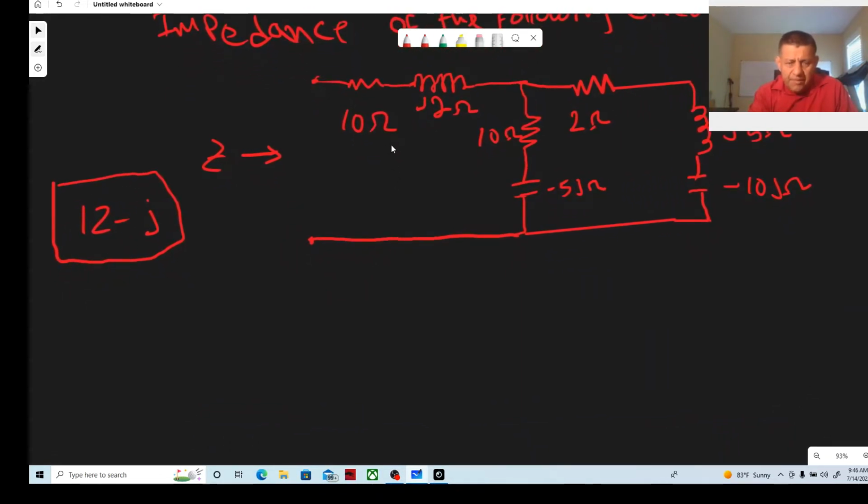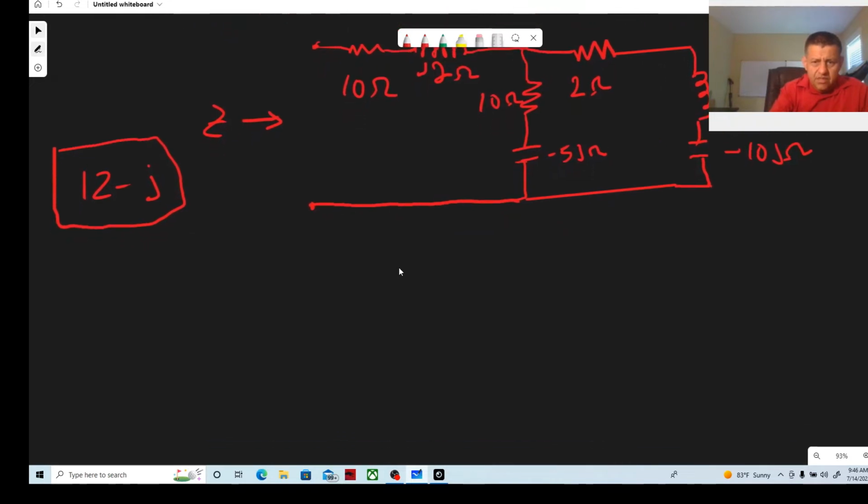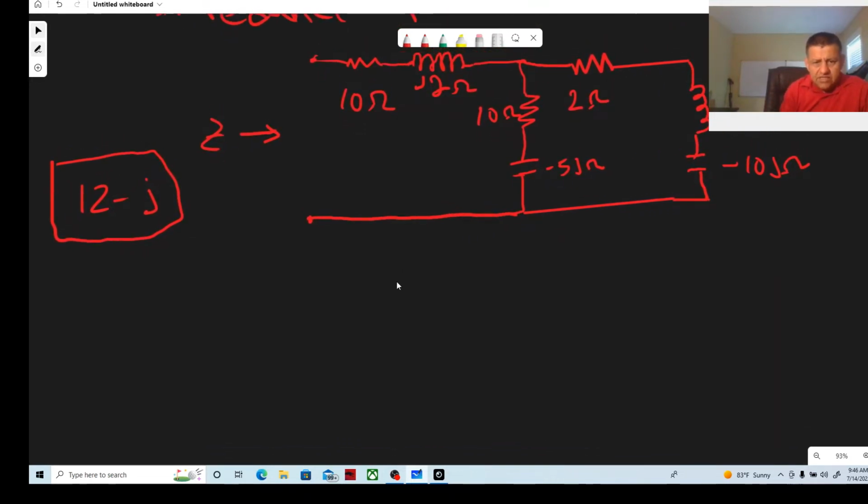Okay, so let's get started. Remember from basic AC circuits, I don't know if you guys remember, but let's say that you have a circuit like this, another resistor like that.